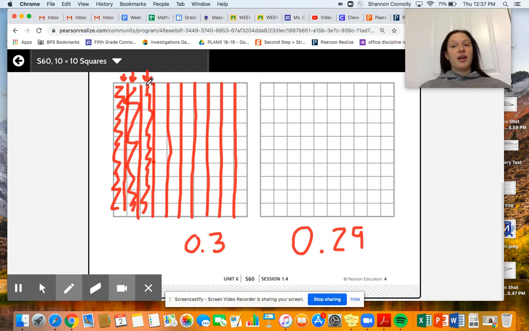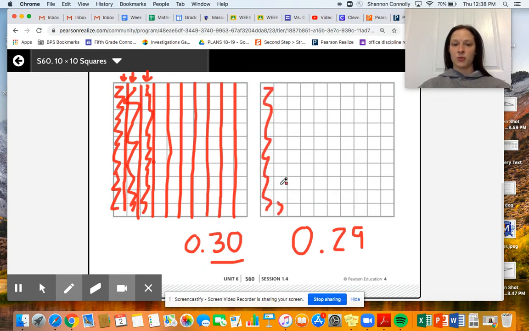When we're thinking about how many hundredths that is, each tenth has 10 hundredths. So I have 10, 20, 30 hundredths. Let's keep that in mind here. What I have just given you is the equivalent decimal. 3 tenths is the same as 30 hundredths. Okay? Now let's think about 29 hundredths. I see a 2 in the tenths place, so I'm going to shade in 2 tenths, which is the same as 20 hundredths.